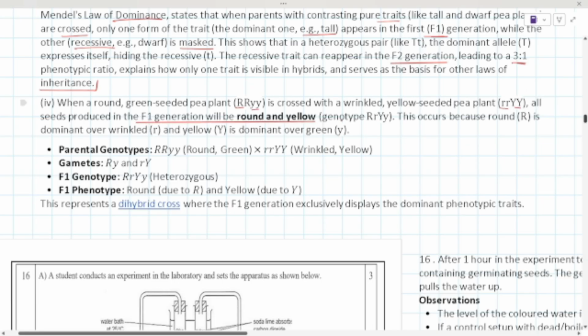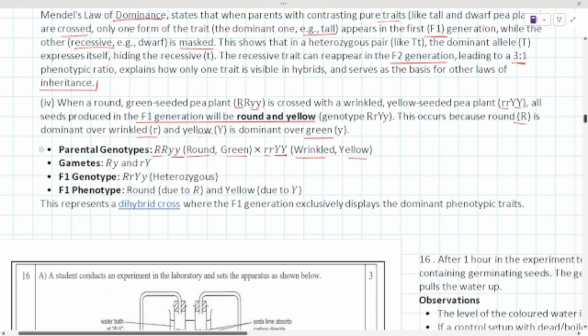This occurs because round R is dominant over wrinkled, and yellow is dominant over green. So the parental genotypes will be round and green, capital RR and small yy, crossed with wrinkled and yellow.